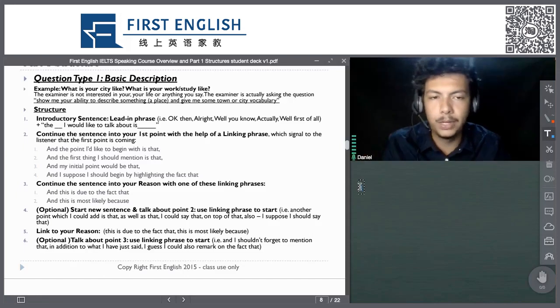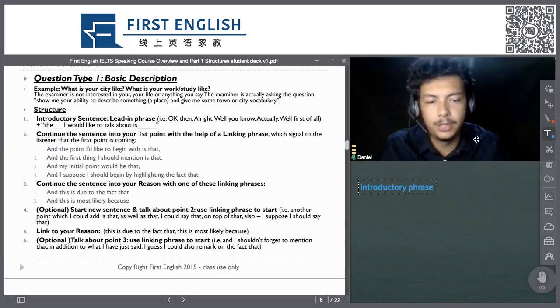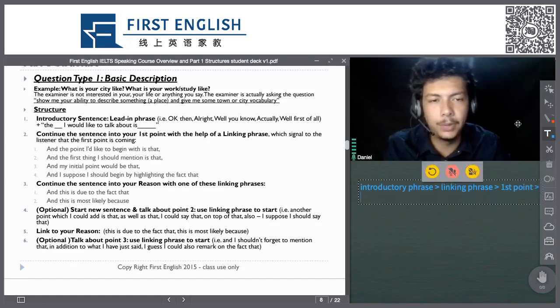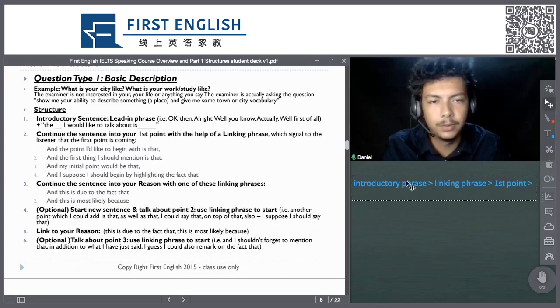But it's going to start with an intro, or introductory phrase or sentence. And then we're going to continue with a linking phrase into our first point, our primary point. And again, that's not the end of our sentence. We are then going to follow through with another linking phrase.